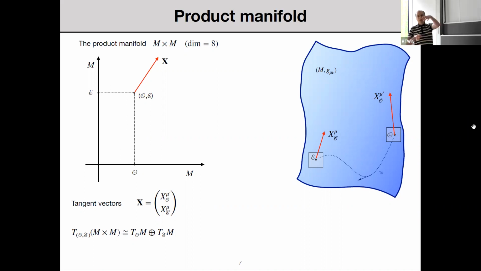This simply means that there is a unique geometric way to represent every vector here as a vector here plus a vector over there.